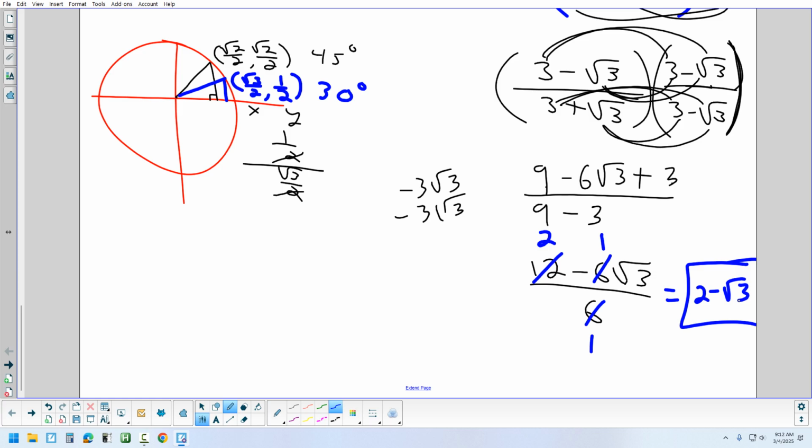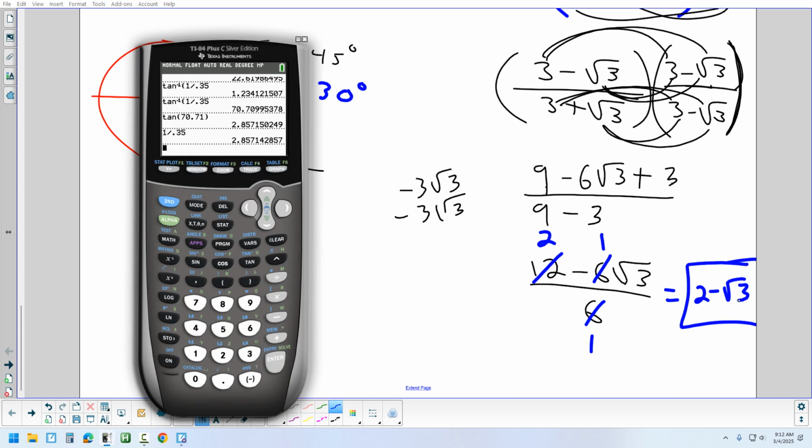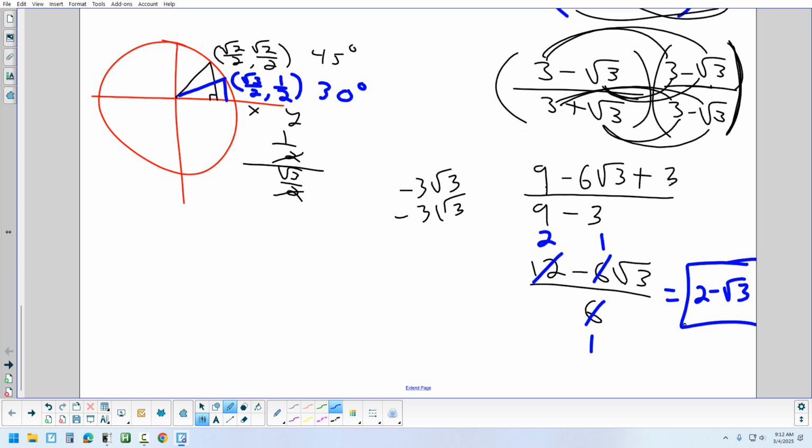Now let's check it. If we type in tangent of 15, and then I type in 2 minus root 3, I get exactly the same. So that's what I'd be looking for on a test.